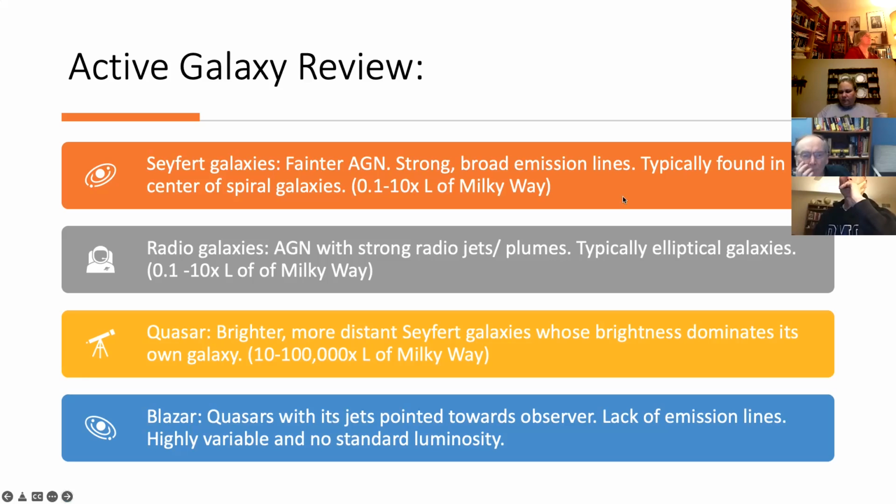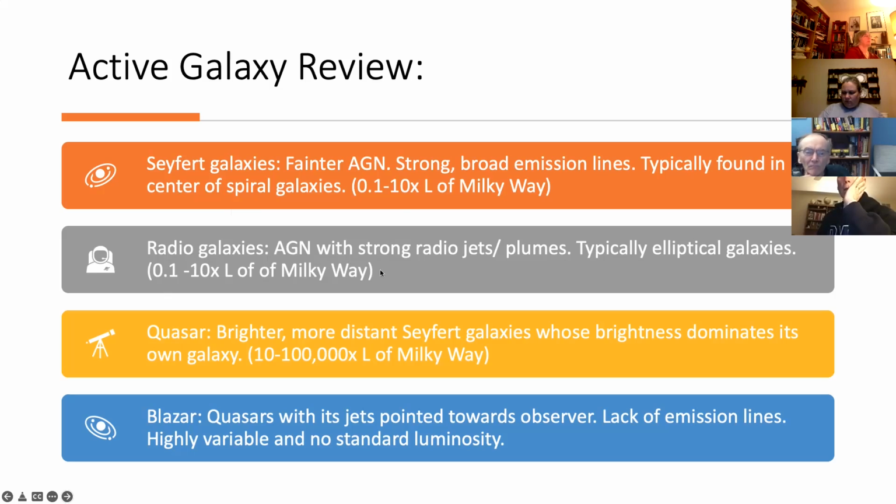These have strong broad emission lines, as we saw in the beginning, and these AGN are typically found in spiral galaxies, whereas radio galaxies, the ones that we saw that had those giant radio plumes, are typically found within elliptical galaxies. And like the Seyfert galaxies, we would expect the luminosity to be just the nucleus itself, not the entire galaxy. Just the nucleus should have between 0.1 and 10 times the luminosity of our entire Milky Way.